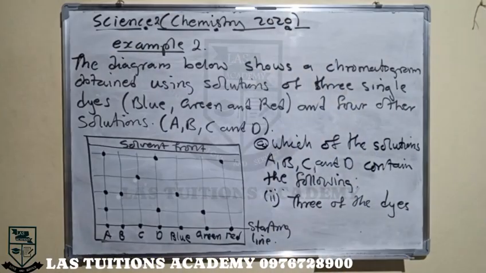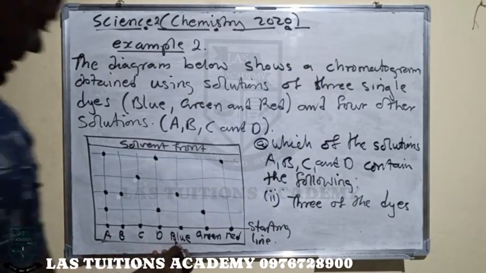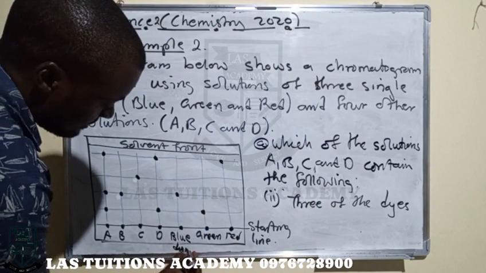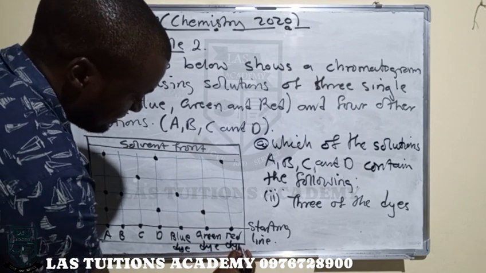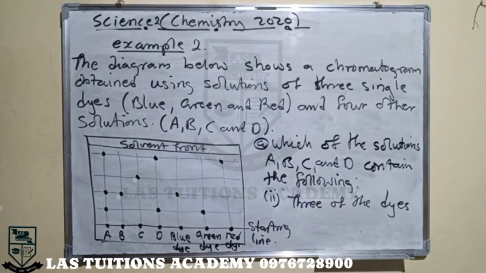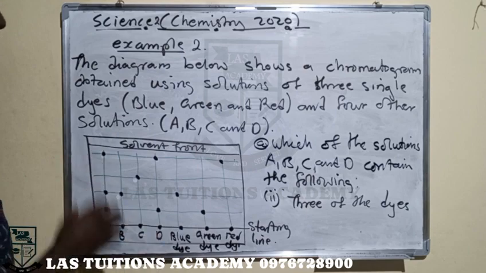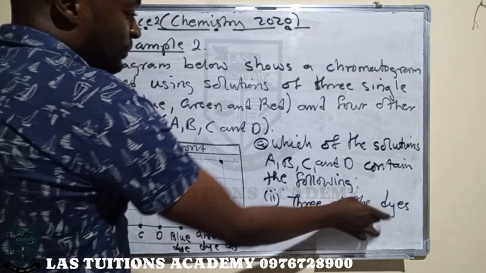Okay, so the dyes we are talking about are these: blue dye, green dye, and red dye. Those are the dyes we are talking about. So now we are saying of these solutions A, B, C, D, which solution contains the 3 of the dyes?